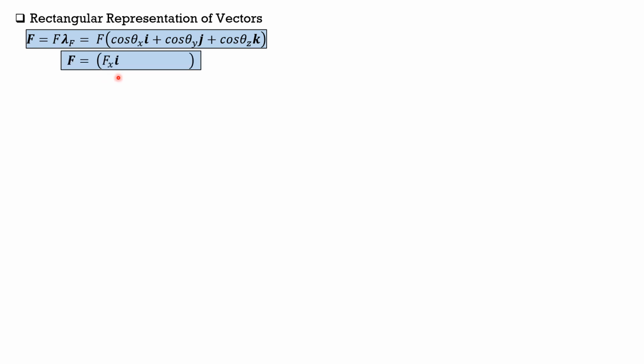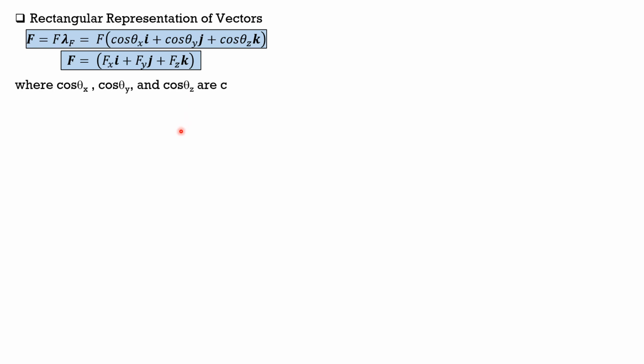You can also write this as Fx i plus Fy j plus Fz k. Fx, Fy, Fz are components of F along x, y, and z respectively, and i, j, k are the unit vectors along x, y, and z.